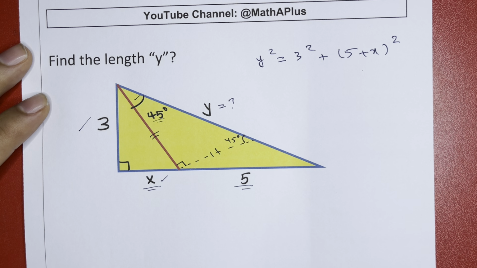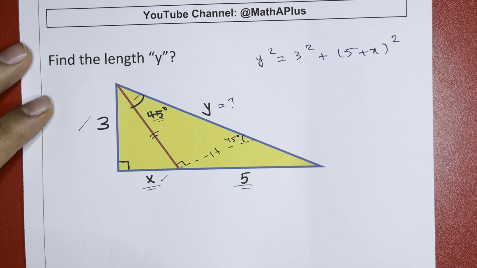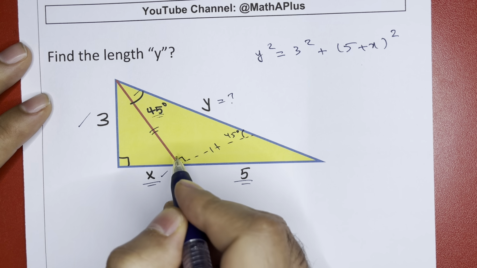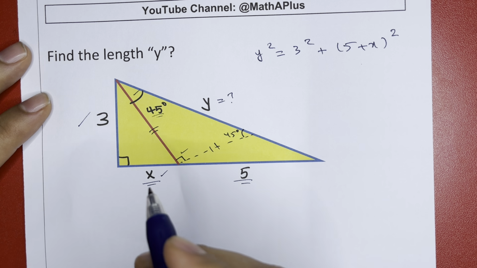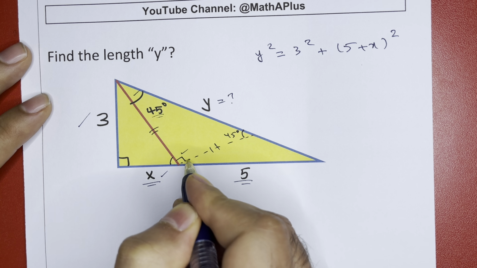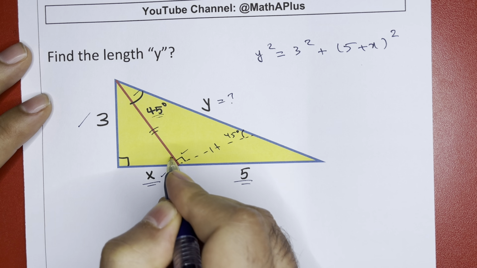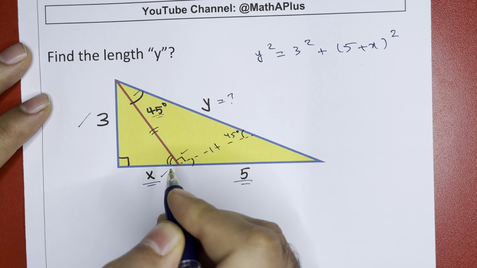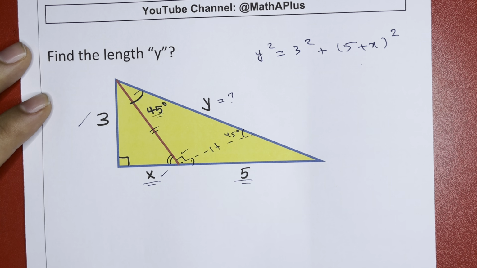So next step. Another thing I can mention here is that because this one is 90 degrees, this angle and this angle here, the summation is gonna be 90 degrees.